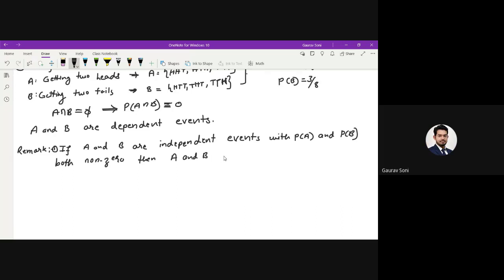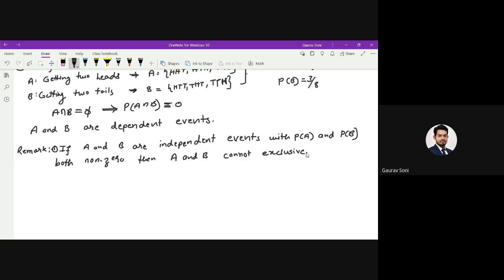So A and B cannot be mutually exclusive. So Saurav, your question was, in that question there was no intersection, and therefore they cannot be independent.